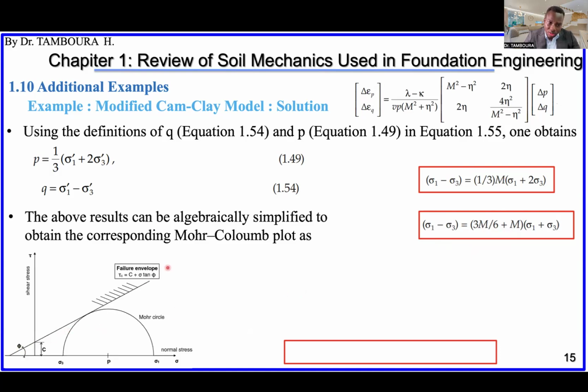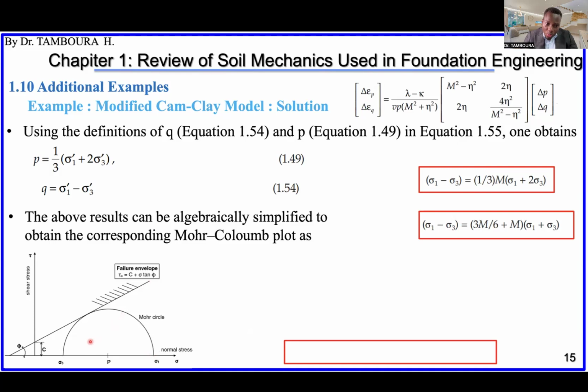You remember? In this, you have sigma 3 here and you have sigma 1 here. Sigma 1 is the highest stress. Okay. So remember that this curve, this failure envelope of Mohr-Coulomb, is also similar to the critical line. I hope you remember that this is the same as the critical line.